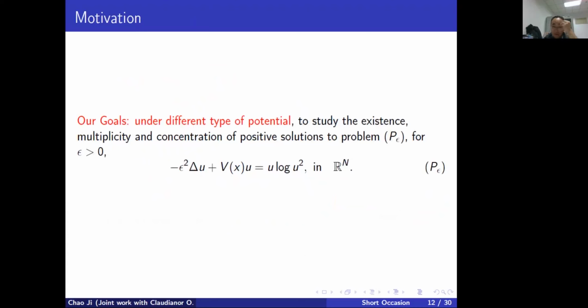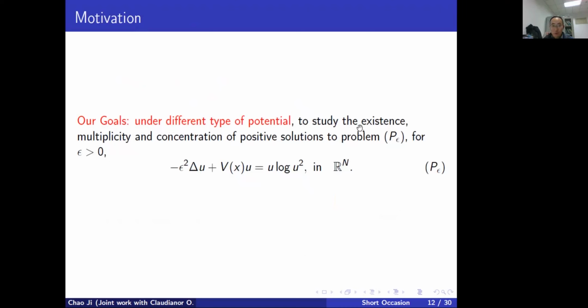Now let's talk about our goal, under different types of potentials.